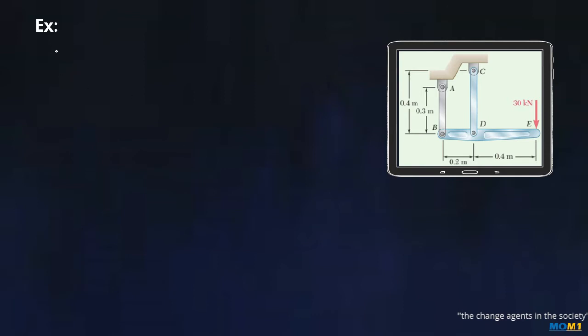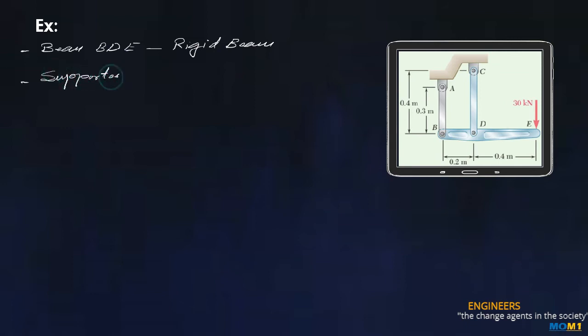In this problem we have a beam BDE, which is a rigid beam. No deformation in this beam. Then this beam is supported with two links.